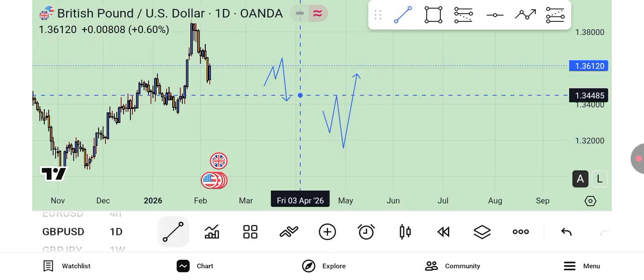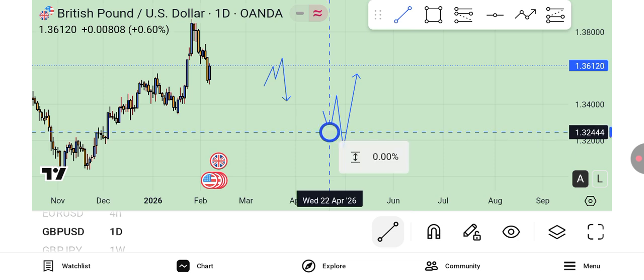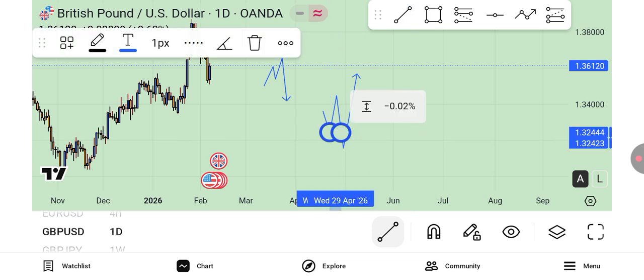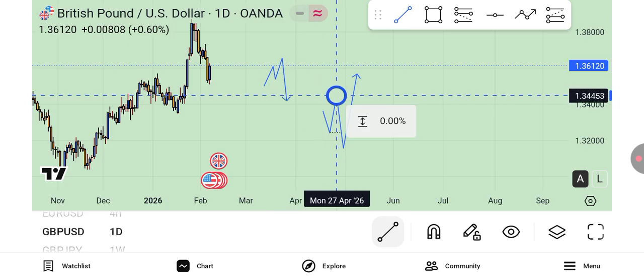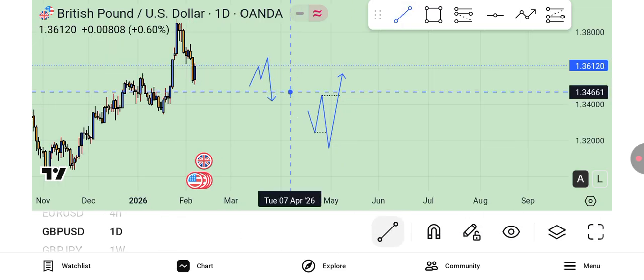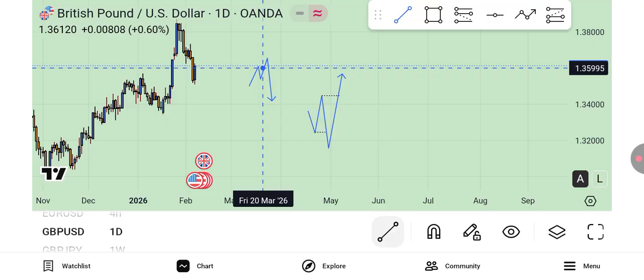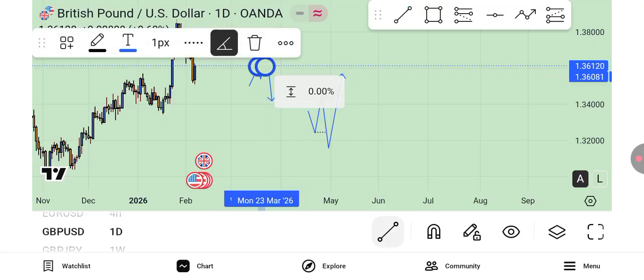So let me mark this so that I can understand what I actually mean. So what does this strong low signify, and what does this strong high also signify in my approach?